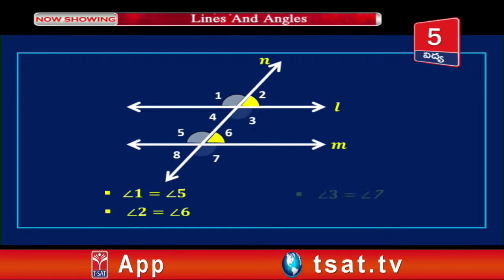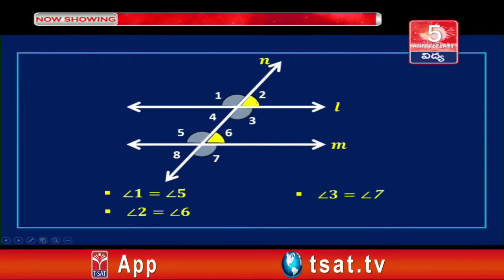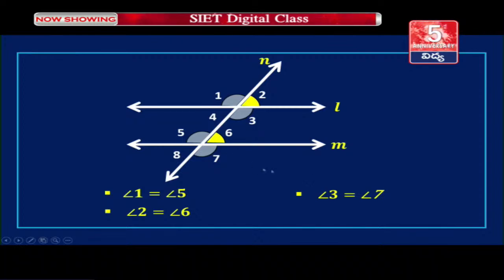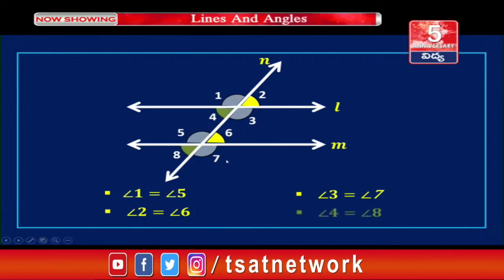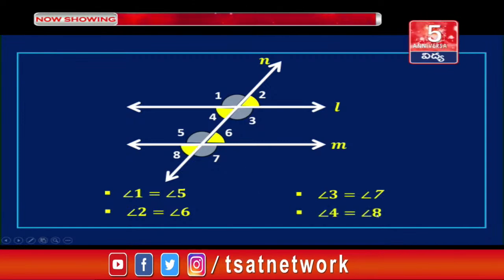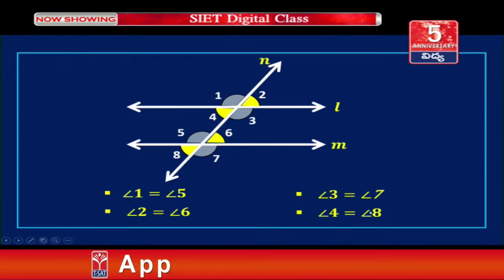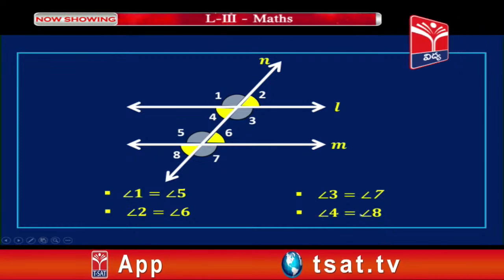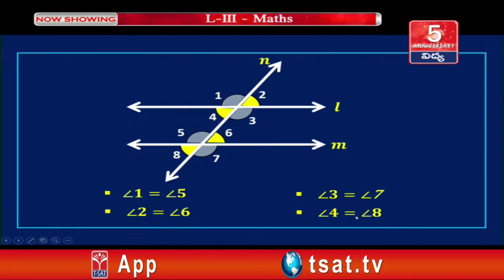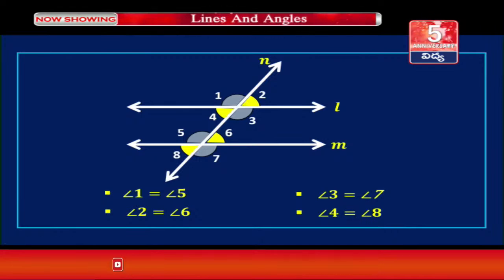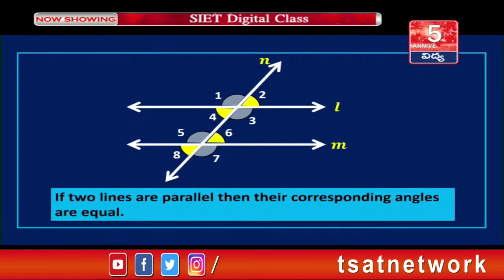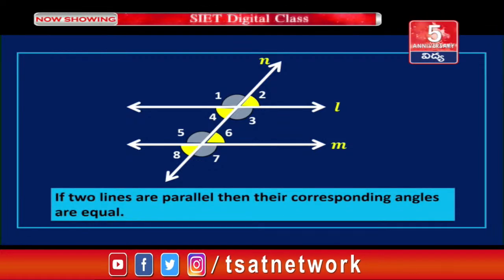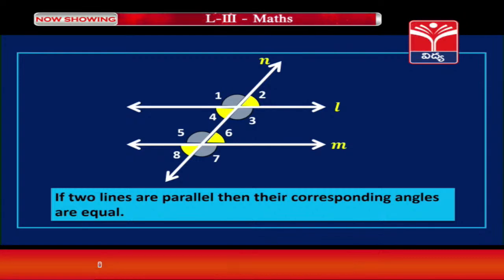Again, angle 2 is equal to angle 6, also one exterior, one interior, and angle 3 is equal to angle 7, also one interior, one exterior, and last one, angle 4 is equal to angle 8. It is also on one side of the transversal line. These angles are called corresponding angles. If two lines are parallel, then their corresponding angles are equal.